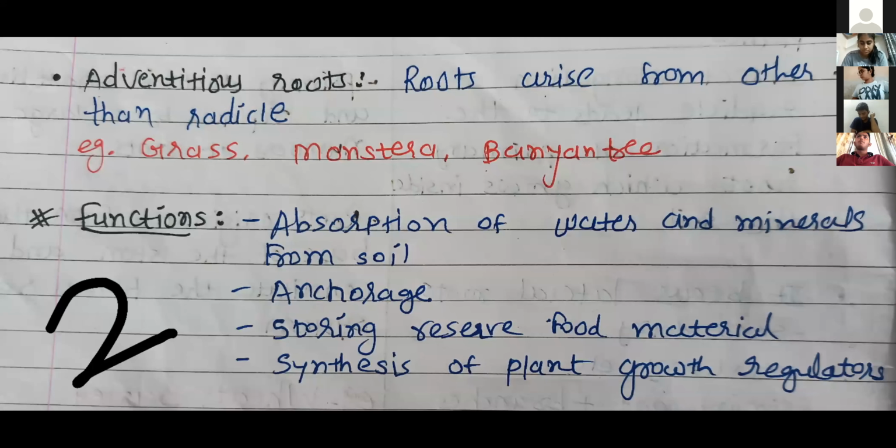Next thing, the adventitious roots. Roots arise from other than the radicle. Other examples: grasses, right? Grass, monstera, banyan tree.